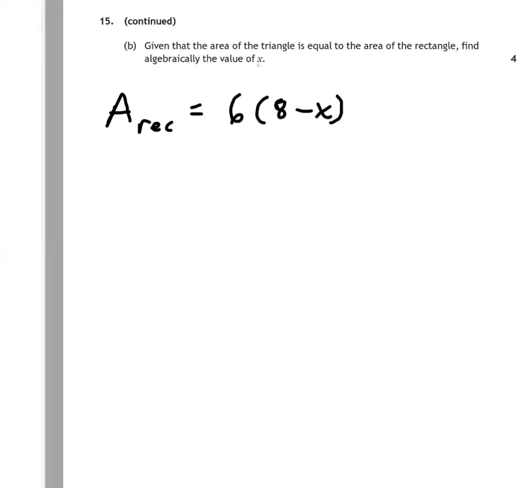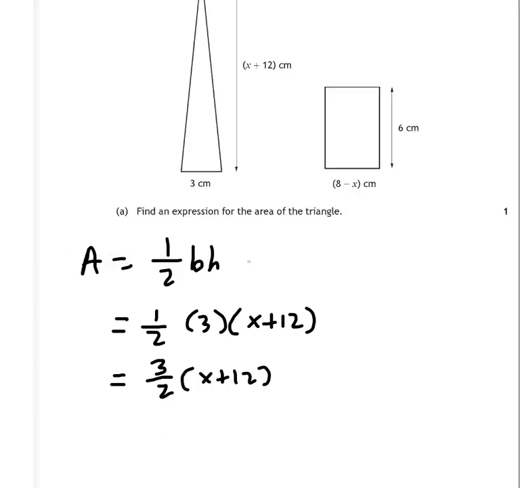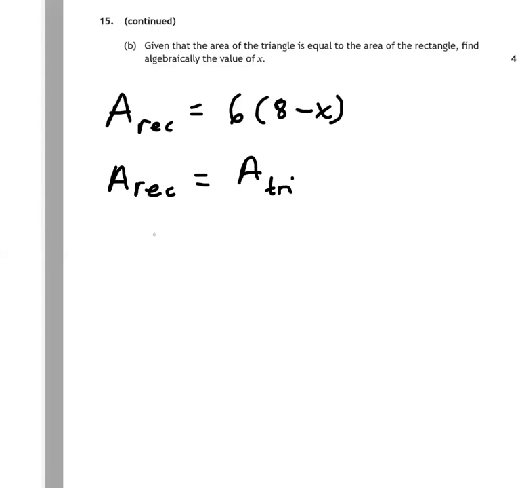And then we know that the two areas are equal. So area of rectangle equals area of triangle. So 3 over 2 (x plus 12) equals 6(8 minus x).